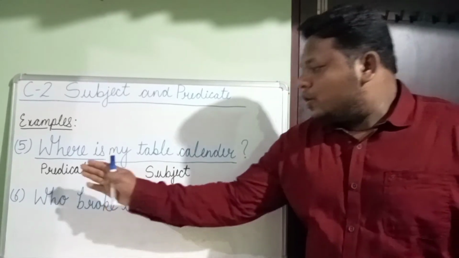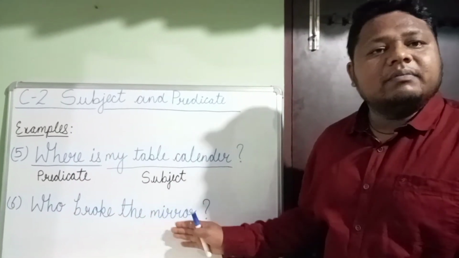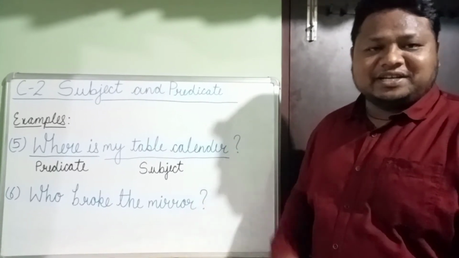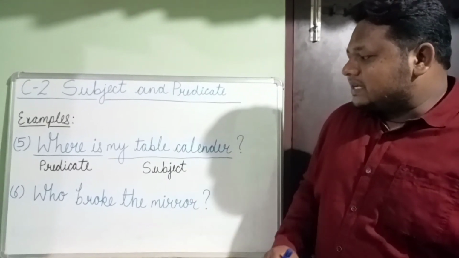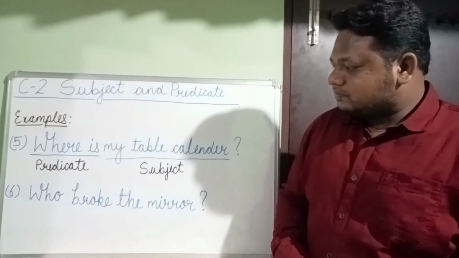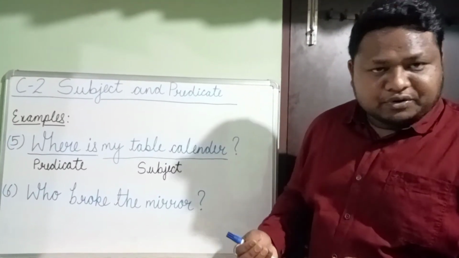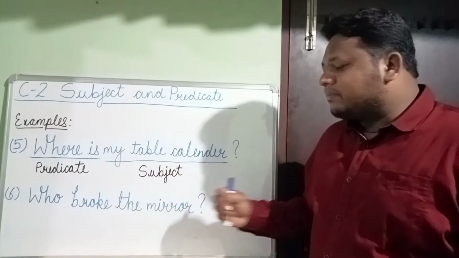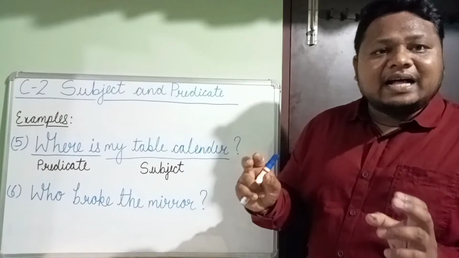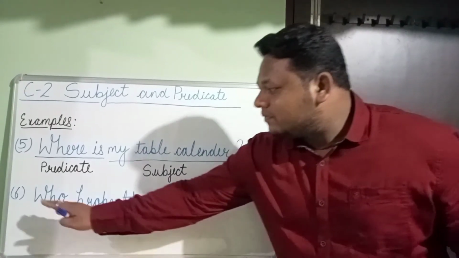Example 6. Who broke the mirror? This is also an interrogative sentence. In this sentence, we have a main verb, broke. And when we ask a question, who broke the mirror? The answer is unknown. But that answer is in place of who.